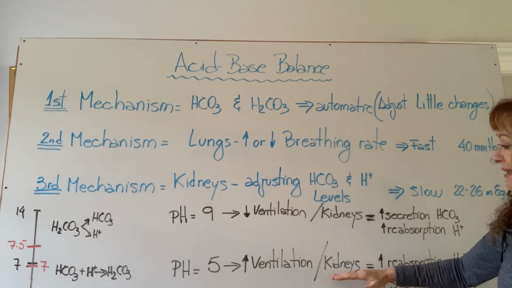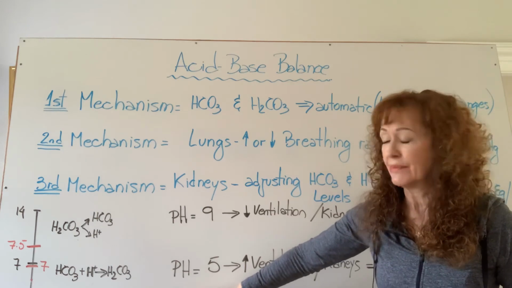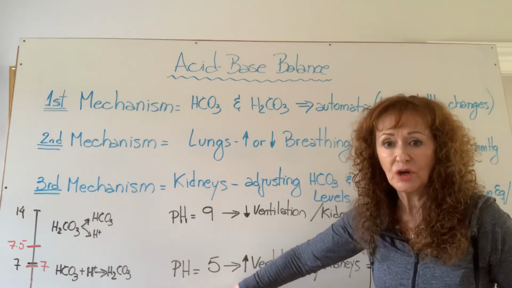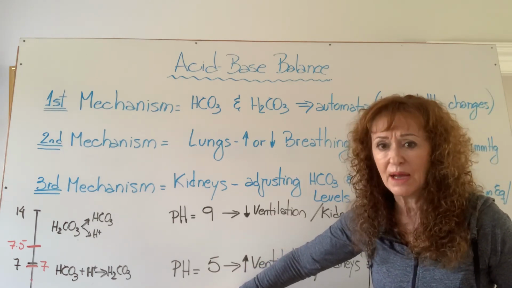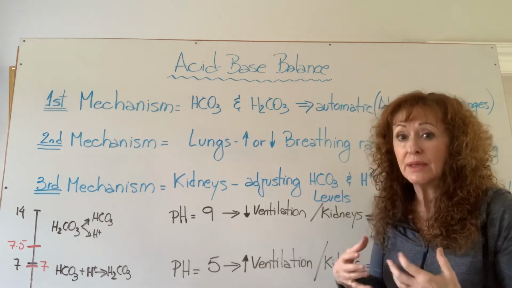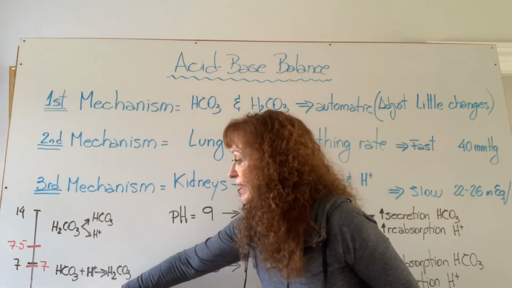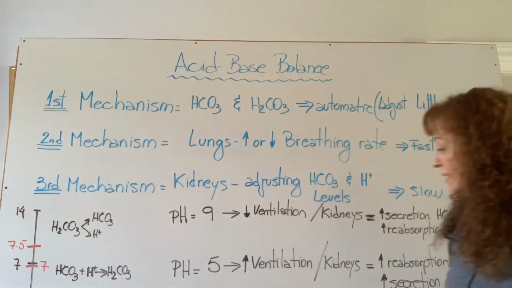What happens in the kidneys? Keep in mind the scenario, pH 5, a very high amount of hydrogen. Now, we increase the ventilation to eliminate more carbon dioxide and bring that hydrogen level back to normal.